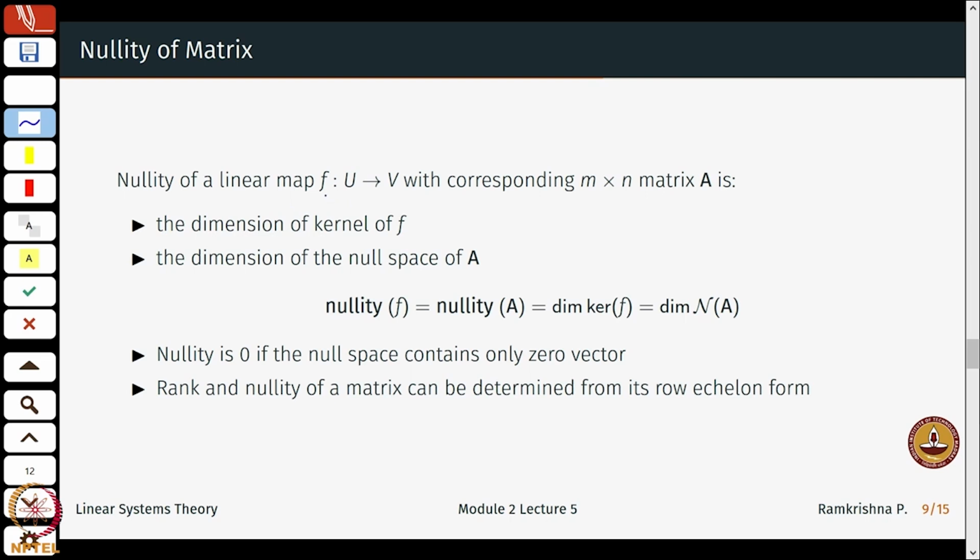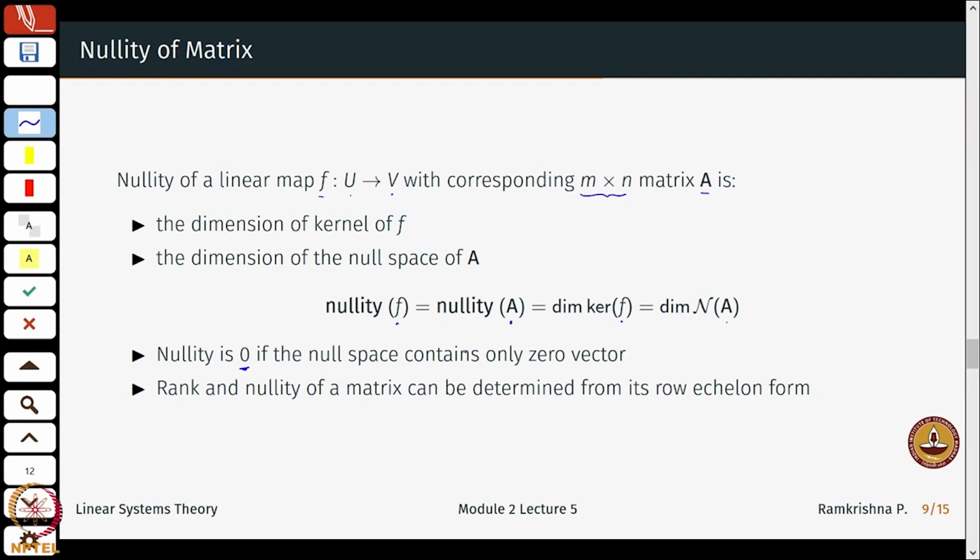So, the nullity of a map F, which goes from U to V with a matrix representation A of dimension m cross n, is the dimension of the kernel of F. Again this is not really difficult to check: the nullity of F is the nullity of A, by definition the dimension of the kernel of A. So, nullity is 0 if and only if the null space contains only the 0 vector.